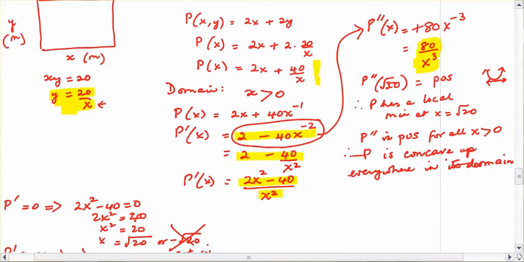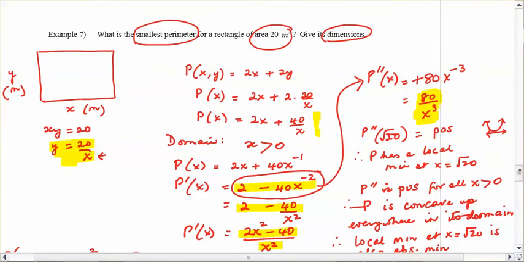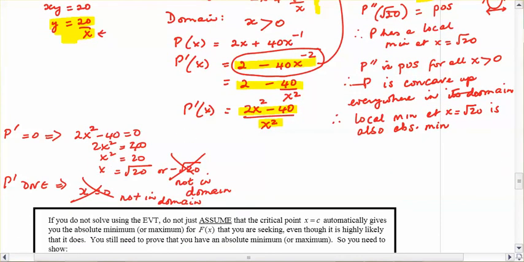So p is concave up everywhere in its domain, therefore the local min at x equals root 20 is also the absolute min. So we're now ready to go back and answer the question in full. We want to know what was the smallest perimeter, what were the dimensions. So let's have a look.